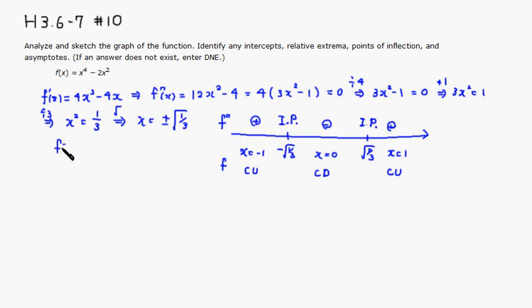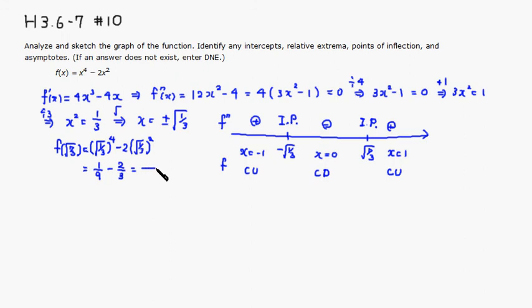So f of square root of 1/3 would be, all right, you raise square root of 1/3 to the fourth power, minus 2 times square root of 1/3 squared. So the square would be 1/3 and square again, so it's going to be 1/9 minus 2/3.